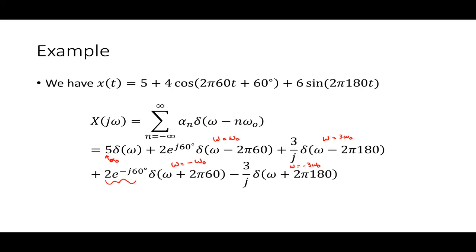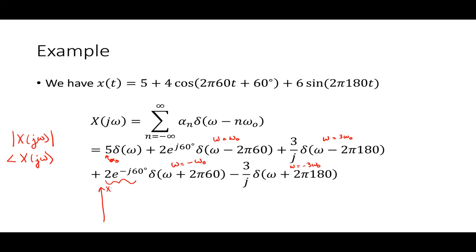If I were to plot that, it's a little bit challenging because I have complex numbers that should be plotted on my graphs. So I really have to draw two different plots: the magnitude of X of j omega and the angle of X of j omega. Let's do that plot by hand.